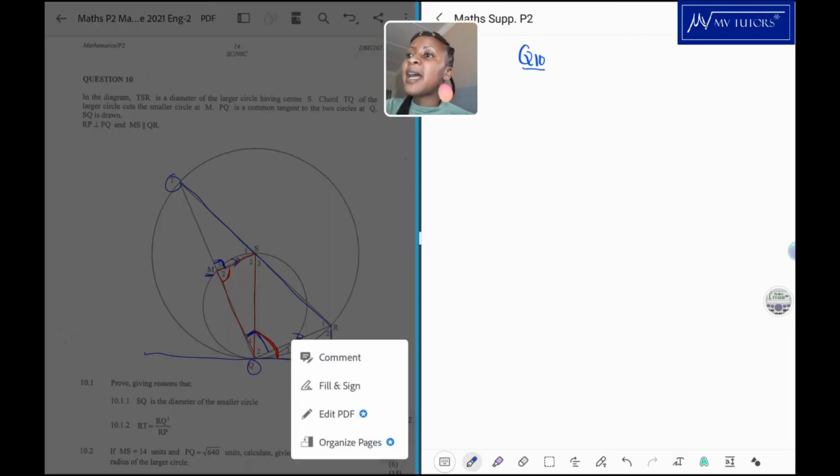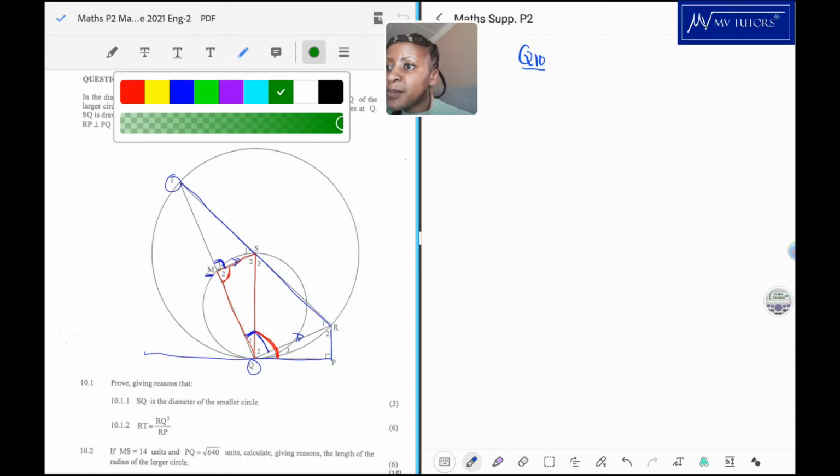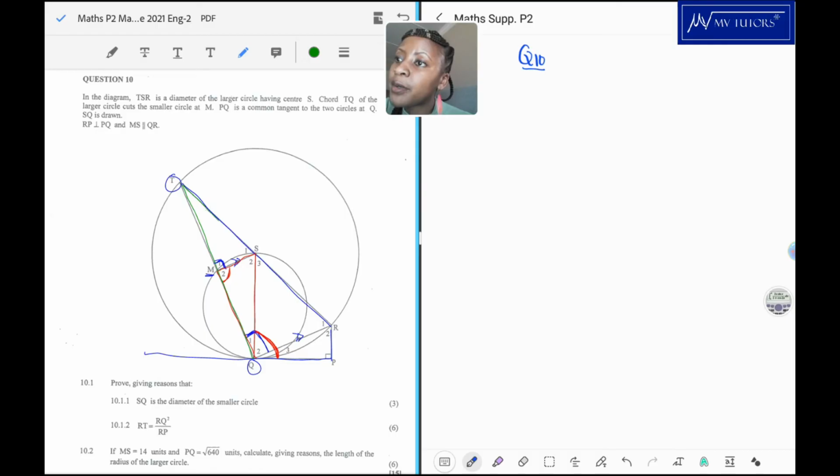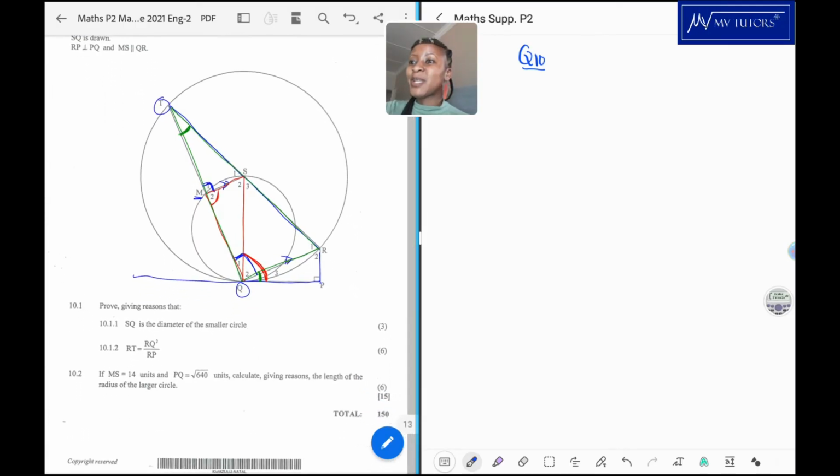Then I also look at the other big triangle, TQR. The angle Q3 is equal to the opposite angle here, which is T. That's what I wanted to put there. I don't even know if we're going to need it, but that's what I would do.